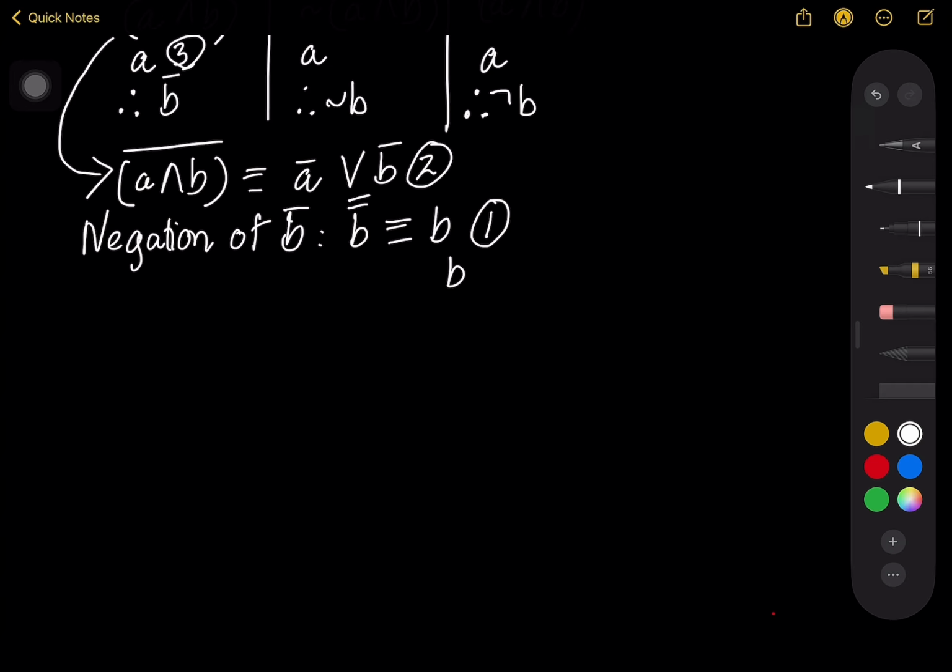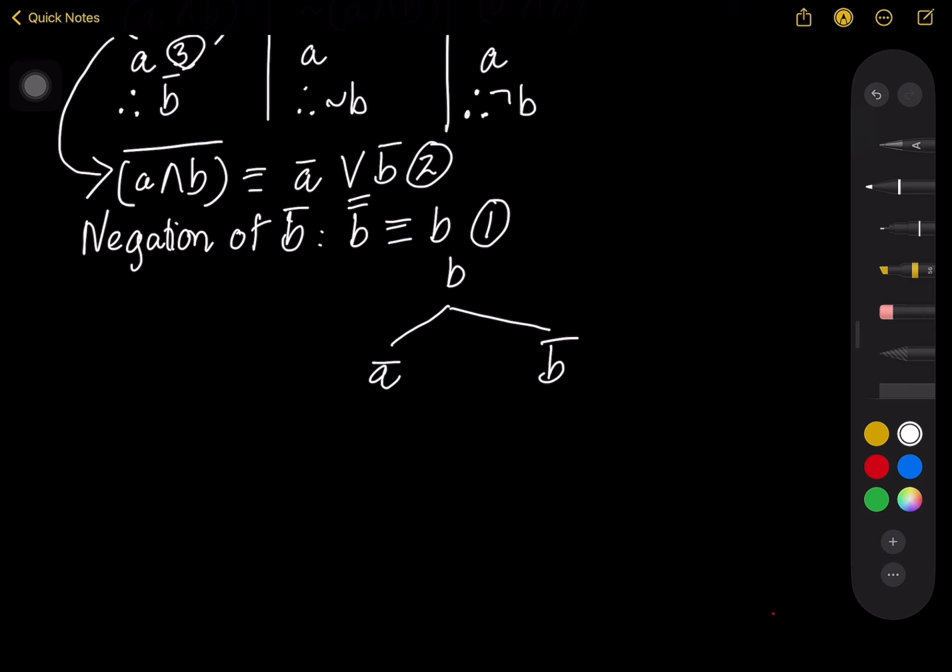So we have not A and not B, and not A or not B. So we have not A over here, or not B. Let's find the contradiction.